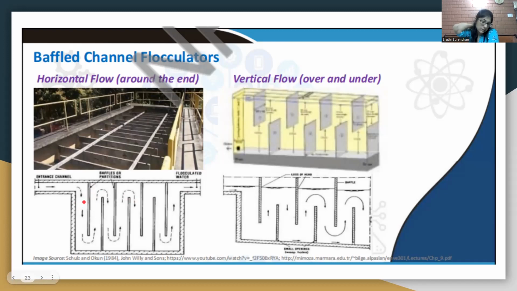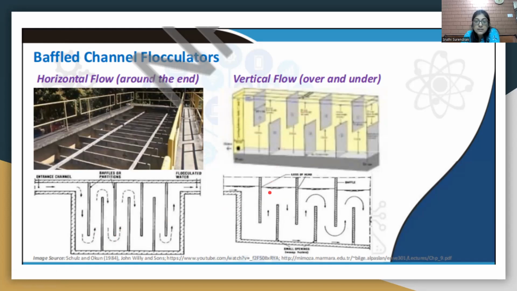We studied this in the last session, where water flows in batches through these baffles and reaches the flocculation tank. The flocculators can be either horizontal flow, as you can see here, where water will enter and go on like this, this being the top view, or vertical flow flocculators.